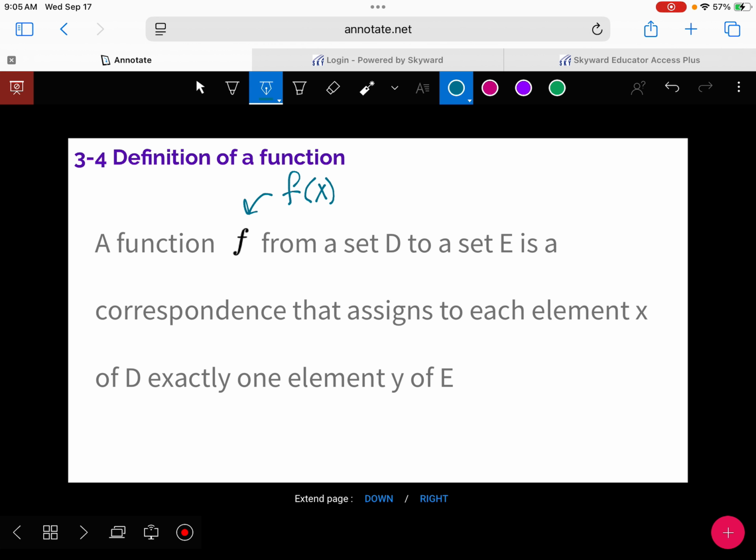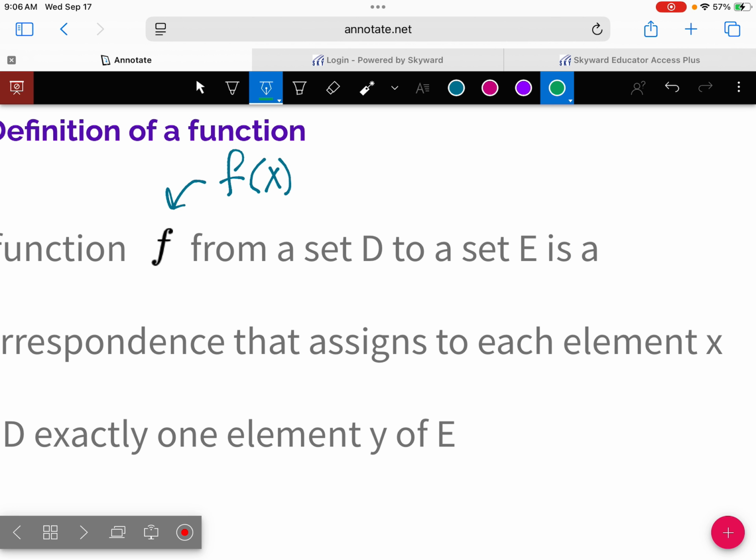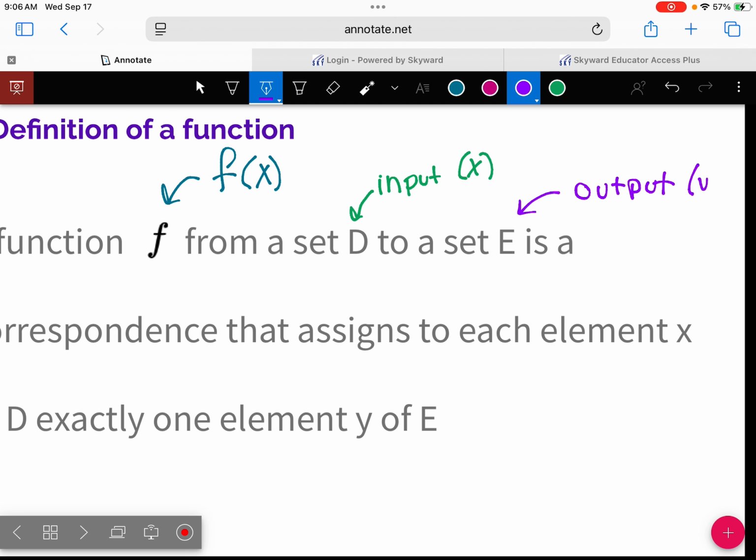We can use f, g, h, pretty much any letter except e or i. It goes from one set to another. From the input, which is pretty much our x values, to some other set of numbers, the output, which would be our y values or the f of x values.